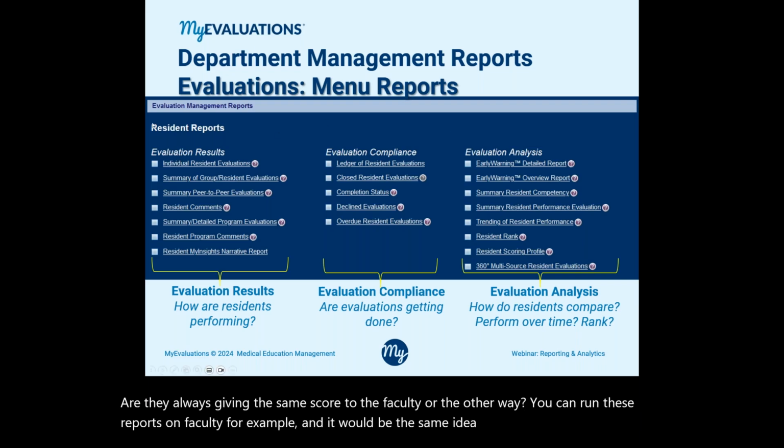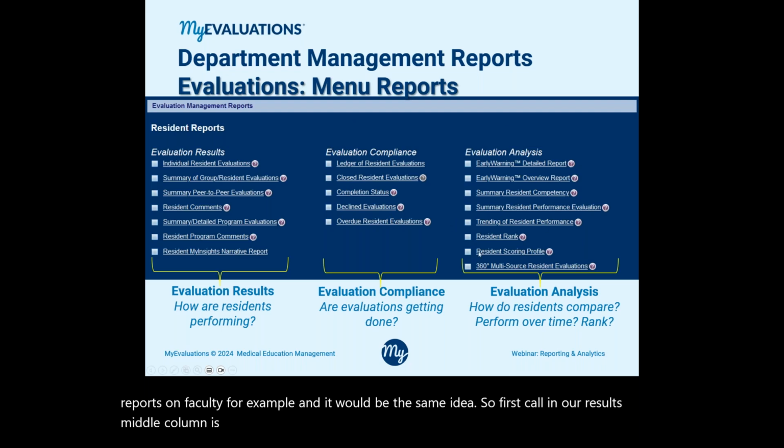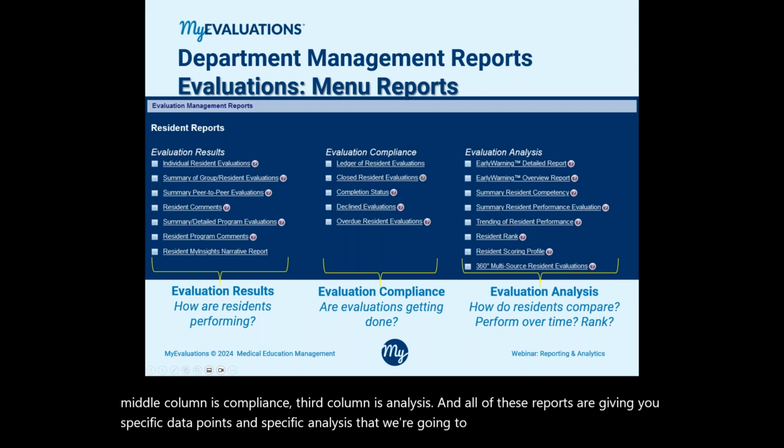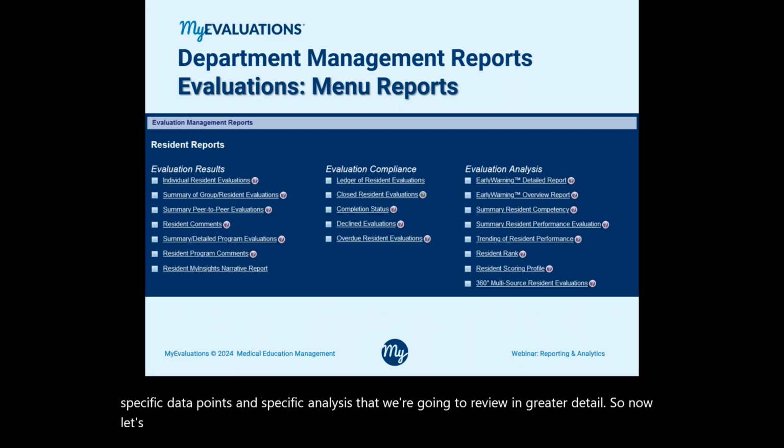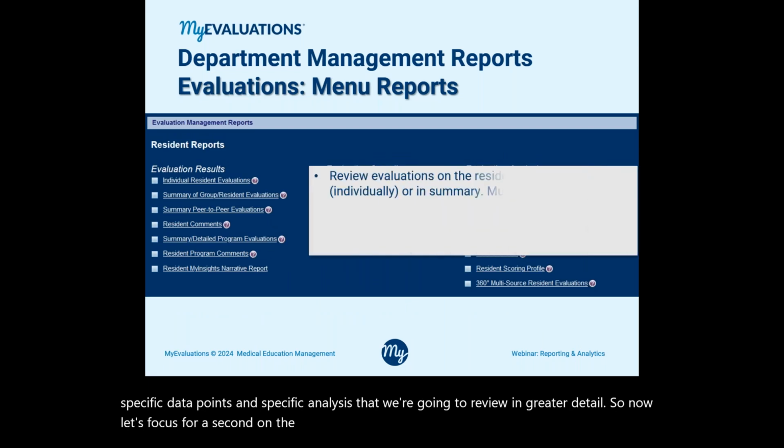So first column are results, middle column is compliance, third column is analysis. And all of these reports are giving you specific data points and specific analysis that we're going to review in greater detail. So now let's focus for a second on the evaluation results section.